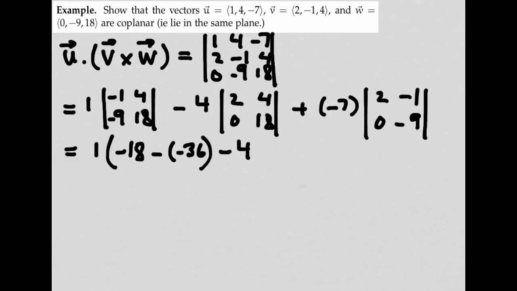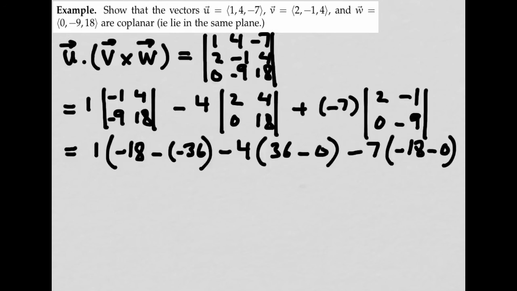Minus 4 times 2 times 18, that's 36, minus 4 times 0, which is 0. Minus 7 times 2 times minus 9 is minus 18 minus 1 times 0, which is 0.